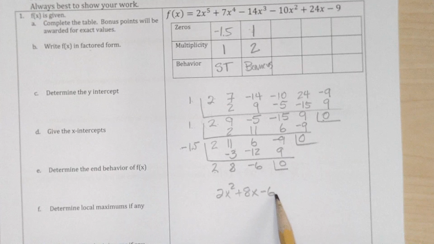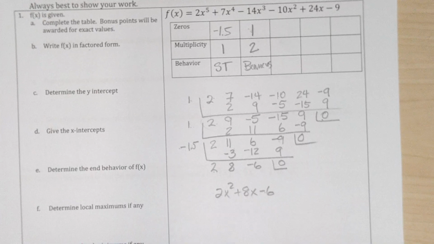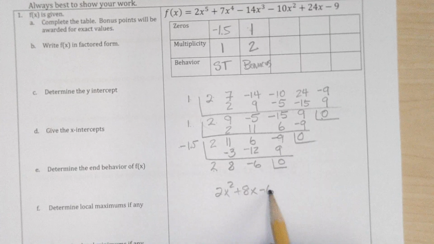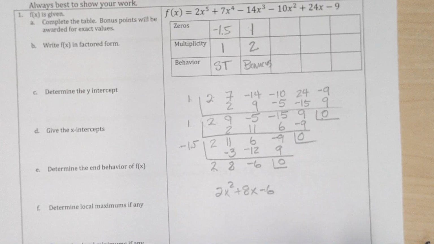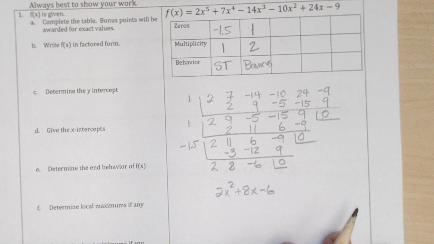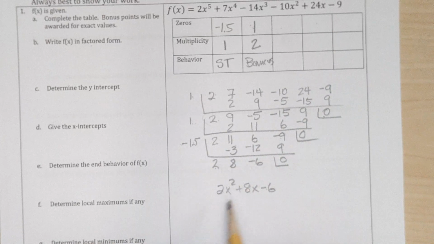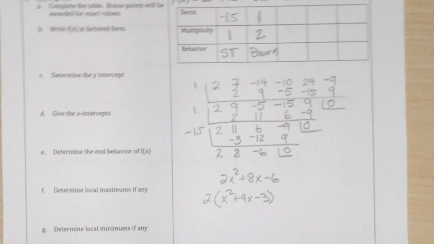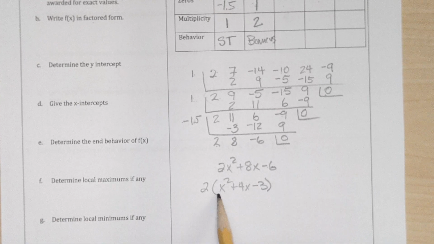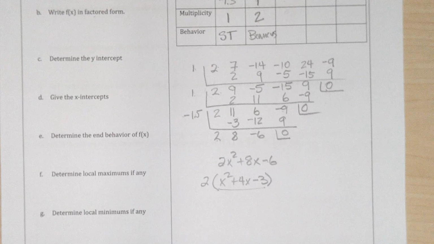Now, I see that a 2 goes into all these. Now, I could put this right straight into the quadratic formula, and it would not be wrong to find the other two zeros. But if I pull the 2 out, I get x squared plus 4x minus 3. It gives me a little bit simpler quadratic to put into the quadratic formula.